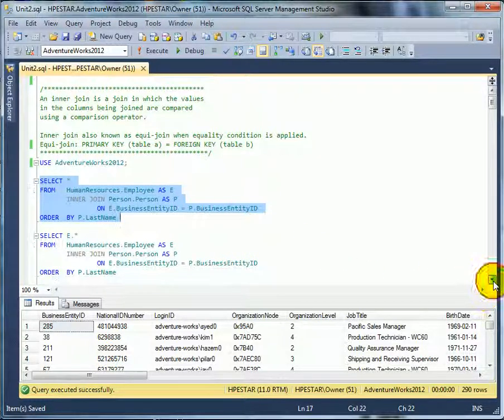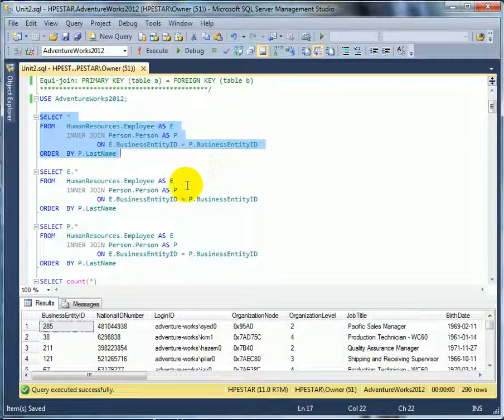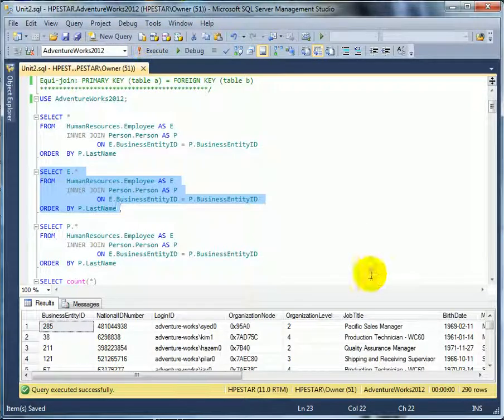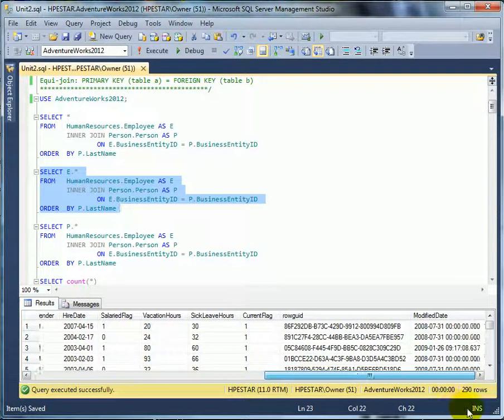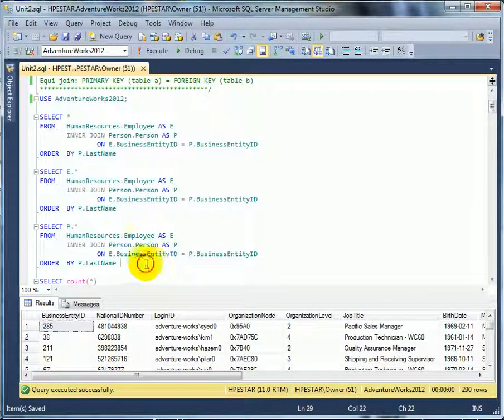Let's continue. We have a table alias E for the employee table and P for the person table, and we only select all the columns from table E, which is the employee table. So we have 290 rows in the employee table, and these are all the columns.